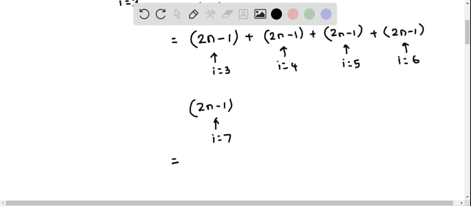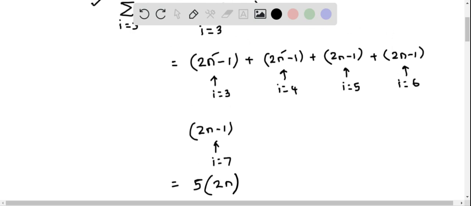We have like terms 2n, and this is getting added 5 times: this is 1, 2n, 2, 2n, 3 times 2n, 4 times 2n, and 5 times 2n. So since we are adding it 5 times, it's basically 5 times 2n, and we also have this negative 1 which is getting added 5 times, which is negative 5.